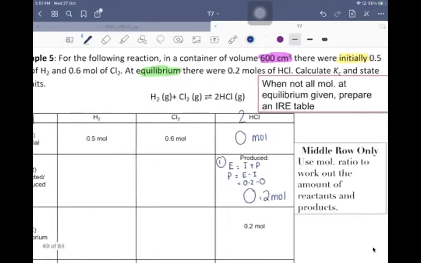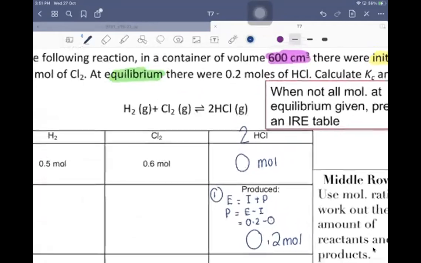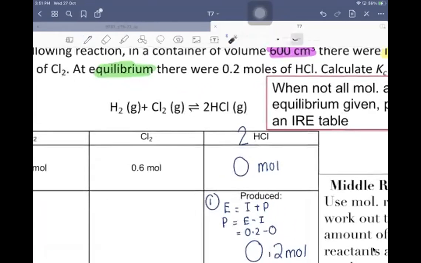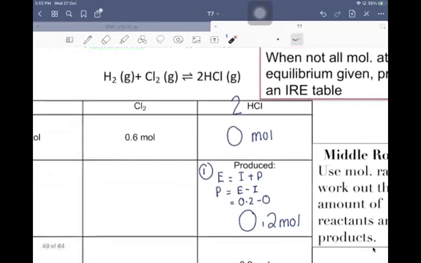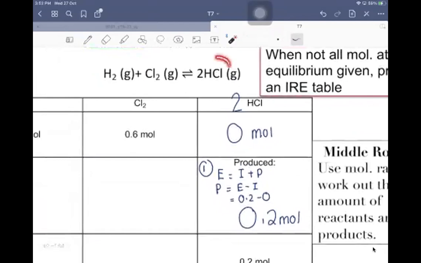If I just look at what the equation is saying, for every 1 mole of hydrogen that has reacted and 1 mole of chlorine that has reacted, it will produce 2 moles of hydrogen chloride gas. That's the exact amount. However, in this reaction, we did not get 2 moles of product. Instead, we get 0.2 mole.